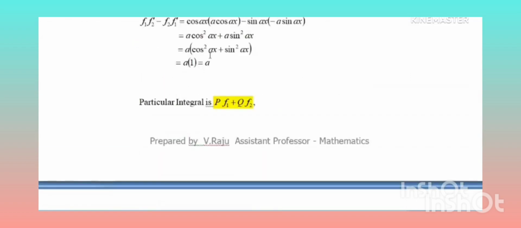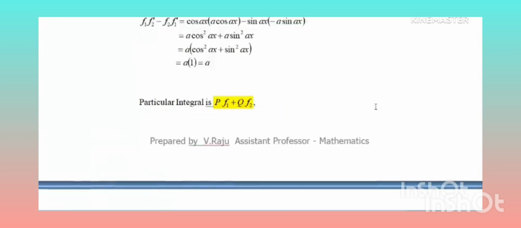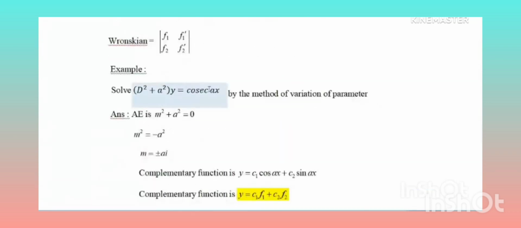The denominator is the Wronskian, that is a. Substitute X, which is given in the problem on the right hand side: cosecant ax.